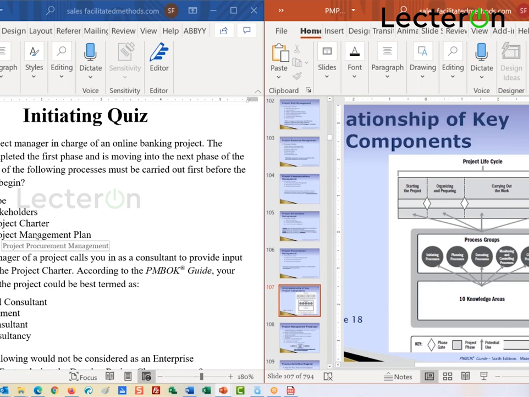First thing we do when we move in, whether it's a new phase or a new project, we have to identify the stakeholders that would be associated with this new phase.